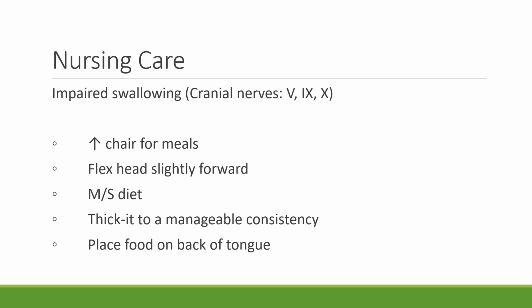And when we're feeding them, we're going to put the food on the back of the tongue. A lot of times they have trouble with moving their tongue, and it's called tongue lateralization. So they'll have trouble moving the food around to the back of their tongue. So this just kind of helps get them a step forward.